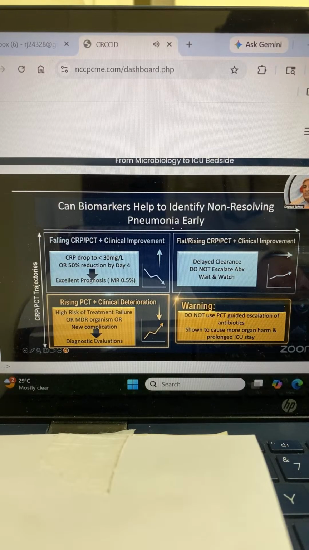Here we can just sit, watch and wait how things turn out in the next couple of hours or perhaps days. So a clear warning: do not use PCT guided escalation of antibiotics, which Dhruva has also rightly pointed out has been shown to cause more organ harm as well as prolonged ICU stay and not better survival.